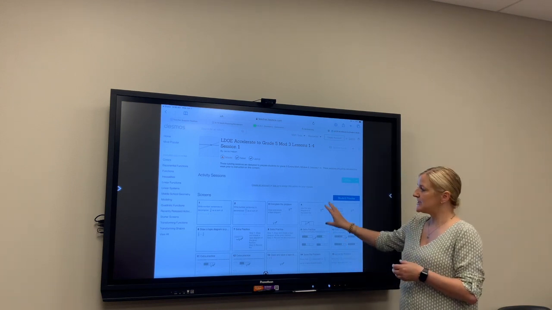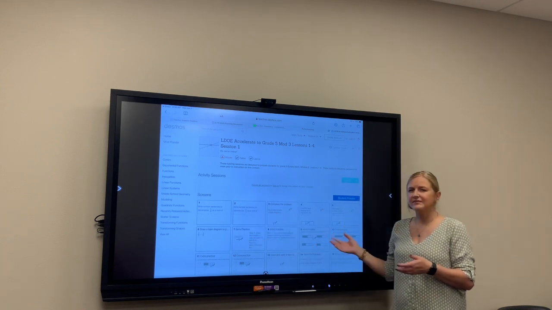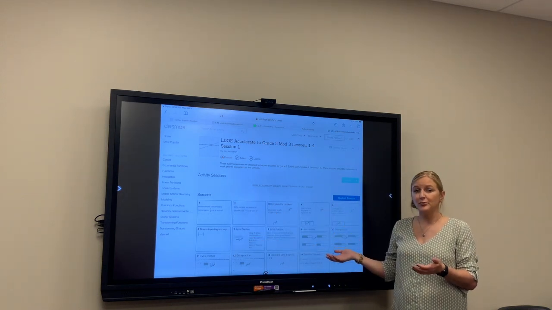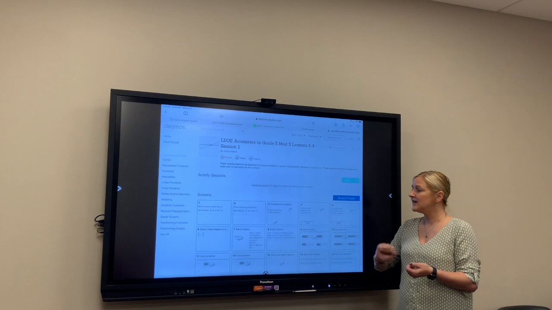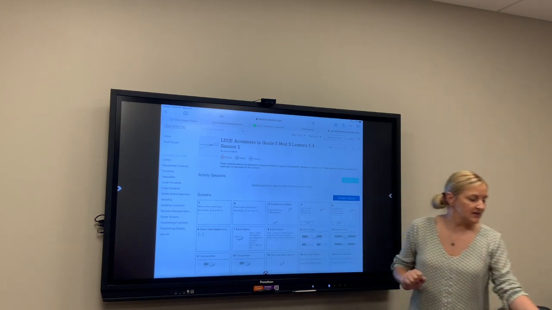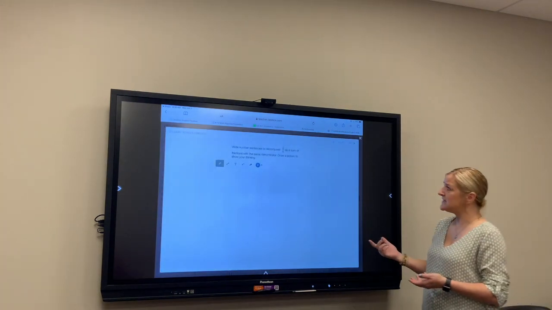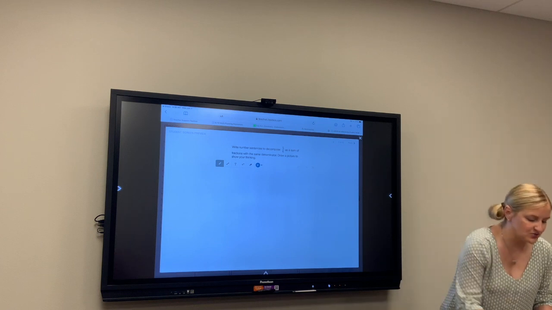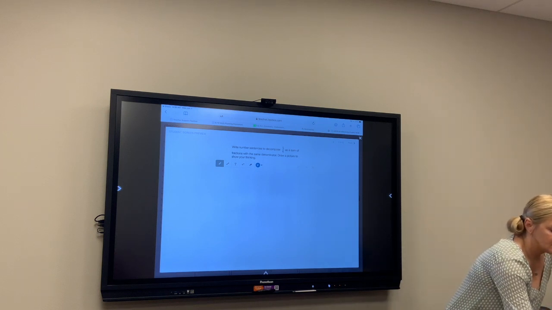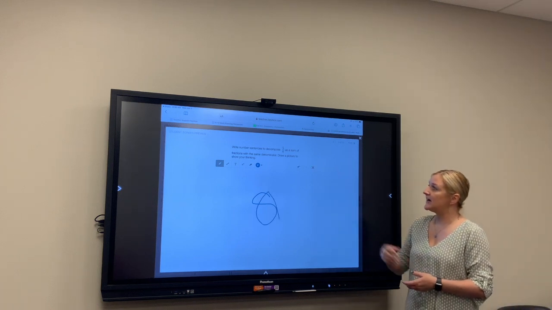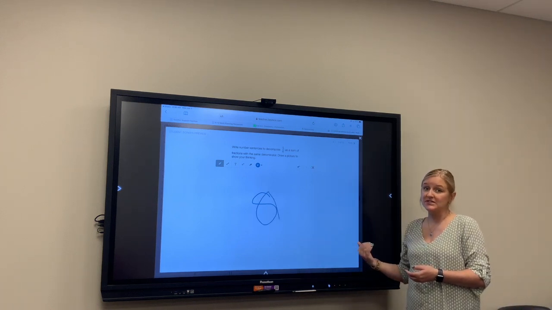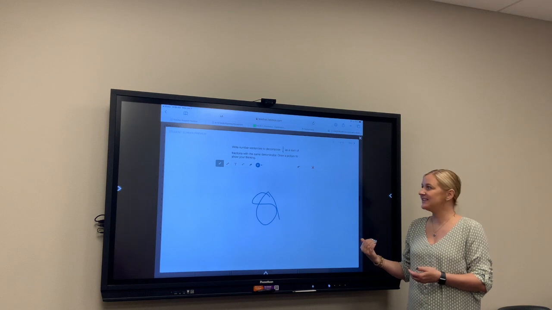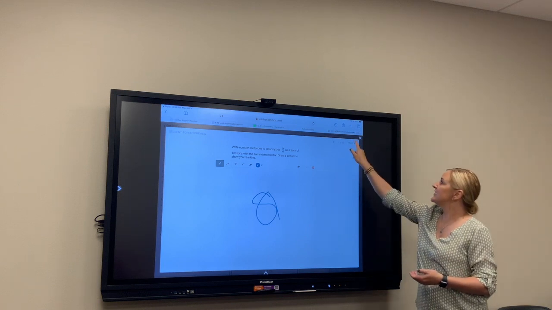But LDOE has created some slides that are very similar to those Nearpod open-ended questions and draw it features. So we can click on any of these slides and the student can actually write on the slide in real time. You'll see what they're giving you, just like the Nearpod, and then we can move on.